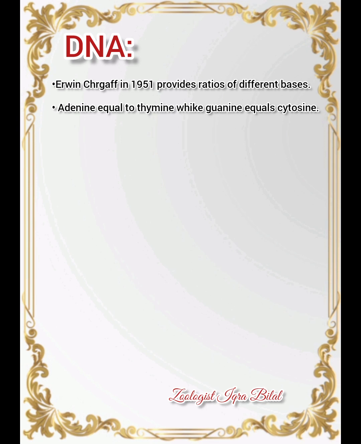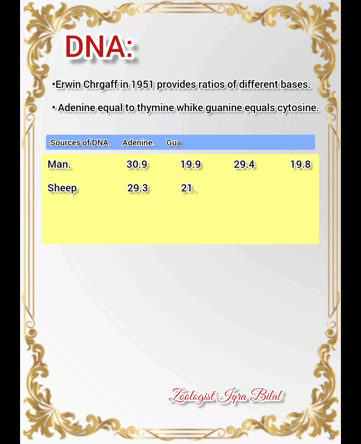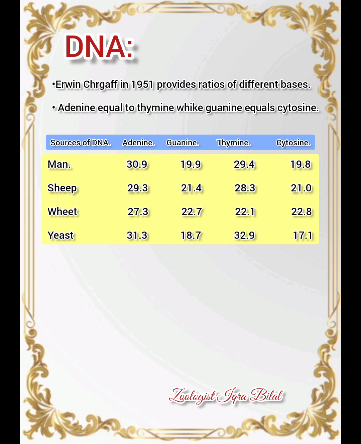Now DNA. Erwin Chargaff in 1951 provided ratios of different bases. Adenine equals thymine while guanine equals cytosine. The ratios of adenine, guanine, thymine and cytosine from different sources are described in this table. In man: adenine 30.9, guanine 19.9, thymine 29.4, cytosine 19.8.